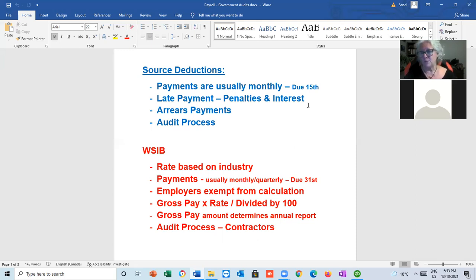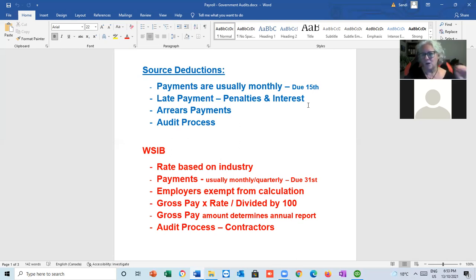The audit process with WSIB is very simple. It is based on T4s, but what they are after is, are you paying contractors? Because contractors should be under the calculation.